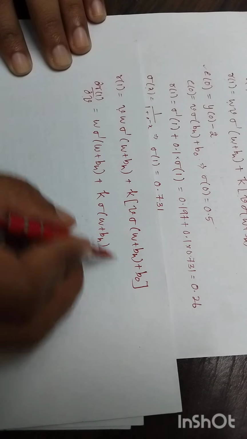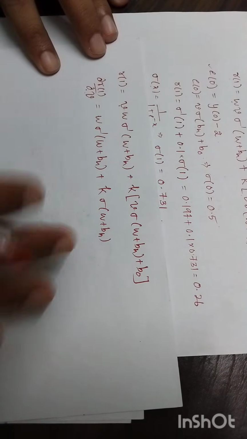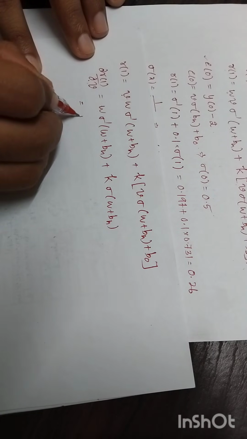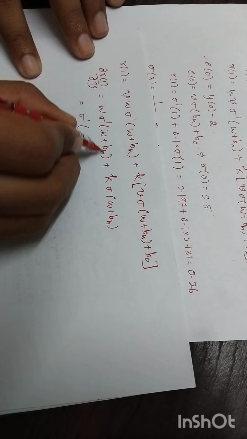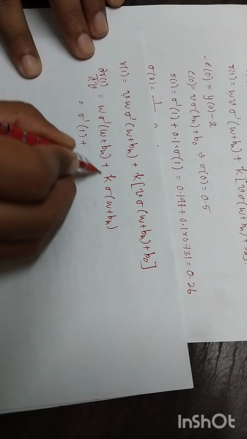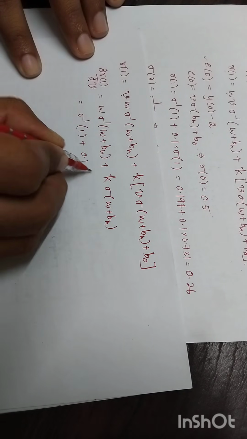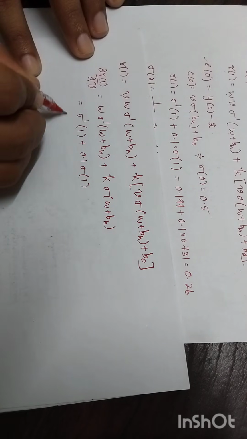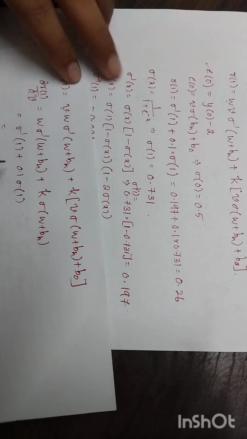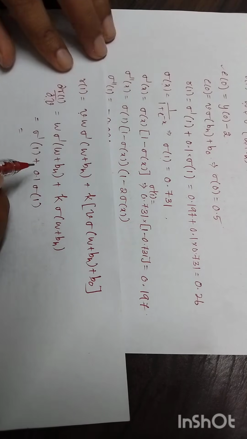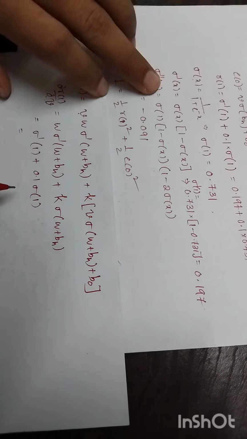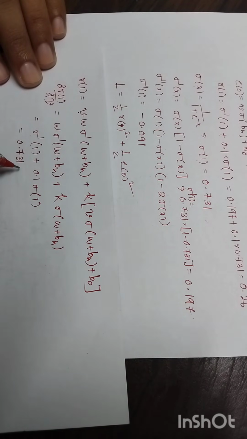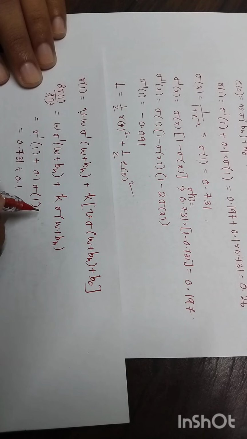B naught would have derivative 0 with respect to V. Now substituting the values, W is 1, so W sigma dash of 1 plus K, which is 0.1, into sigma of 1.